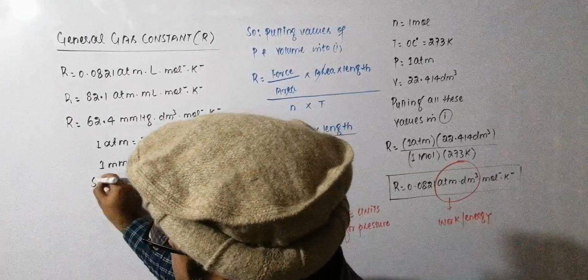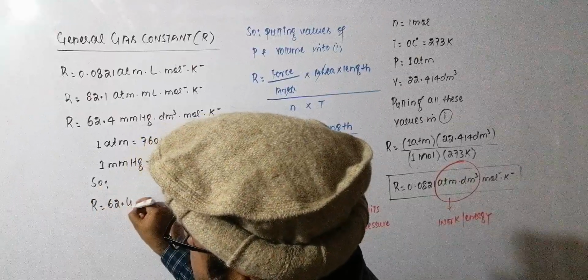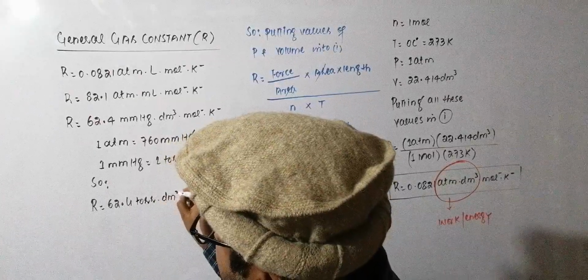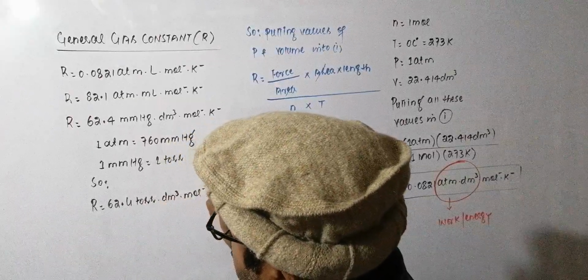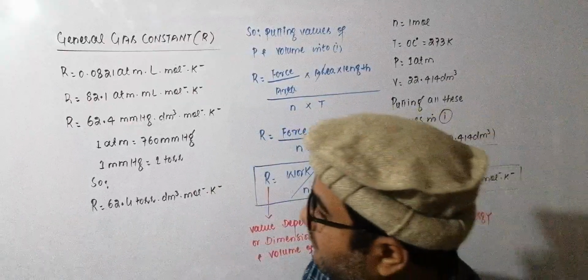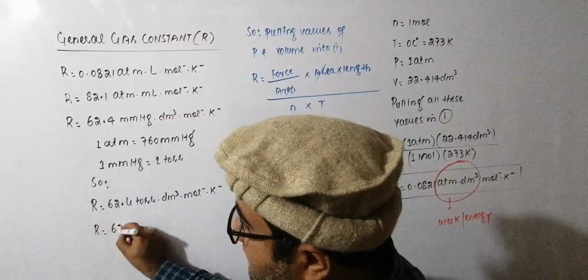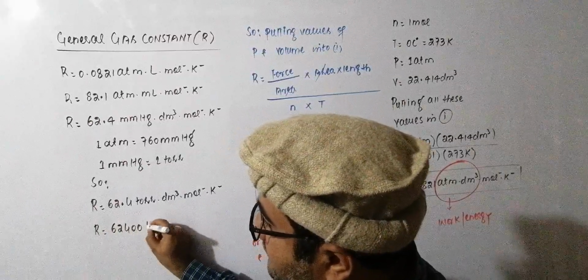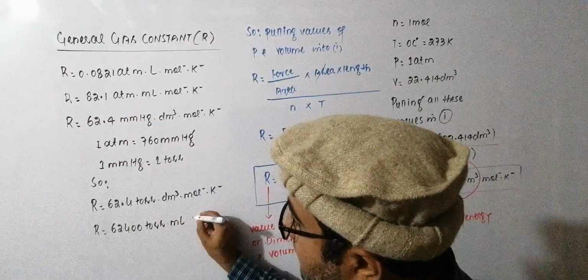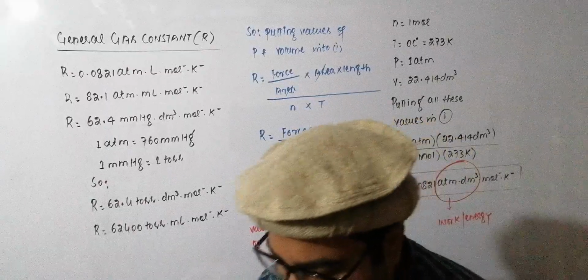So R is equal to 62.4 torr decimeter cube or liter per mole per Kelvin. But if we want to convert it to milliliter, then 62,400 torr milliliter or centimeter cube, because both are the same, per mole per Kelvin.